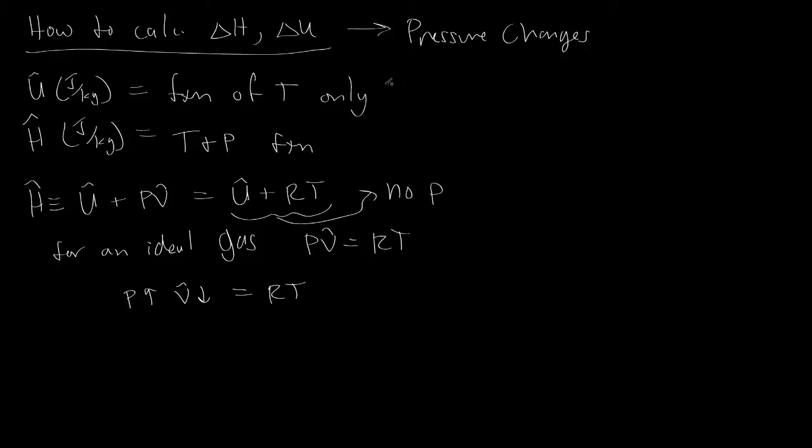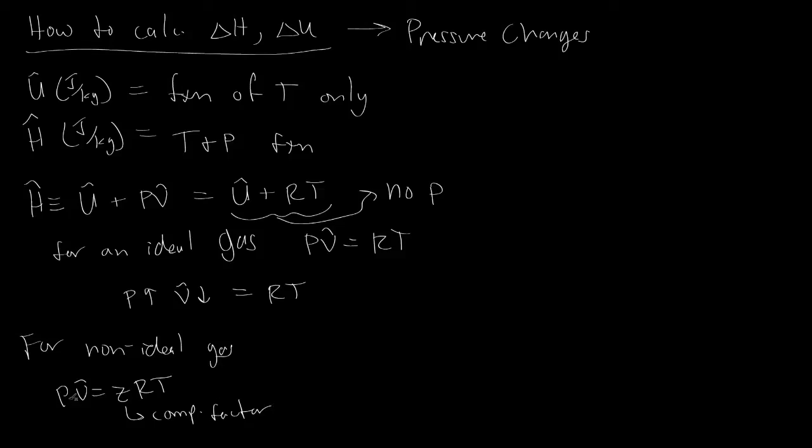After we talk about pressure changes, we'll move on to temperature changes. For a non-ideal gas, we can say that PV is equal to ZRT, and if we recall, Z is the compressibility factor.